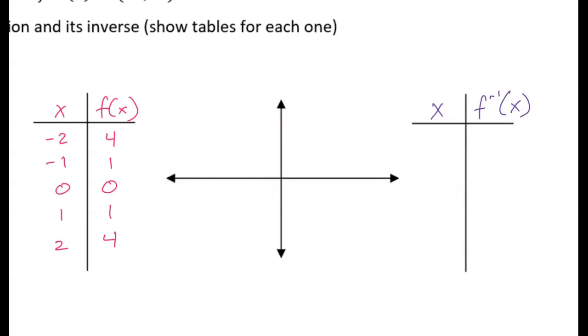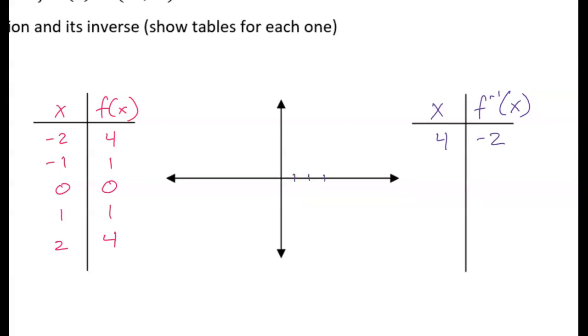Our first coordinate point created by the inverse is what, Julian? If I'm just starting at the top of my table and taking that point, negative 2, 4, what will the inverse point be? Yes, 4, negative 2.